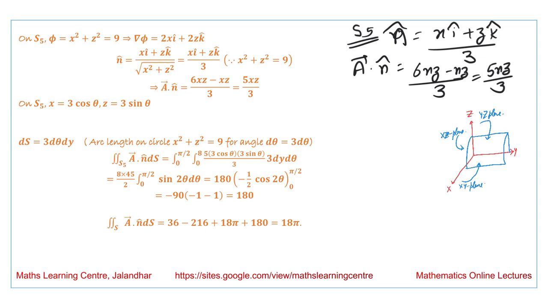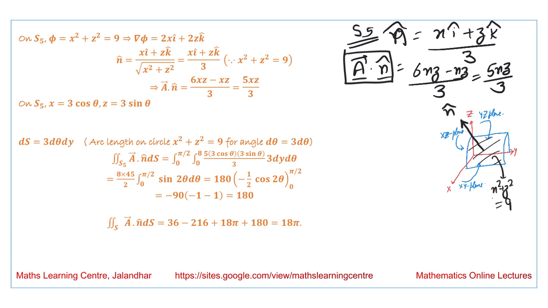Now again if we look at this figure over here, we are integrating over this curved surface. The n cap is the direction of the normal to this surface, and we have taken the projection in the direction of this normal. The equation of this surface is x square plus z square equal to 9.